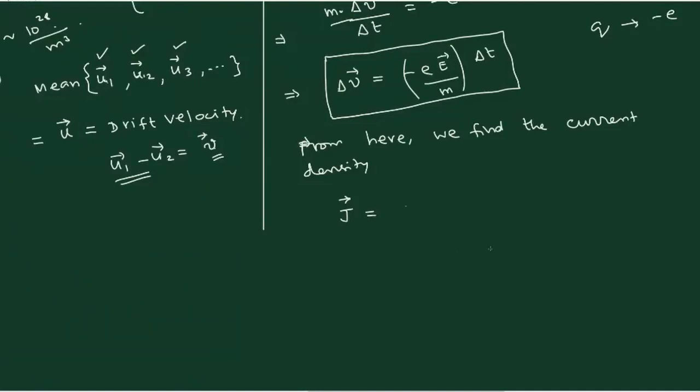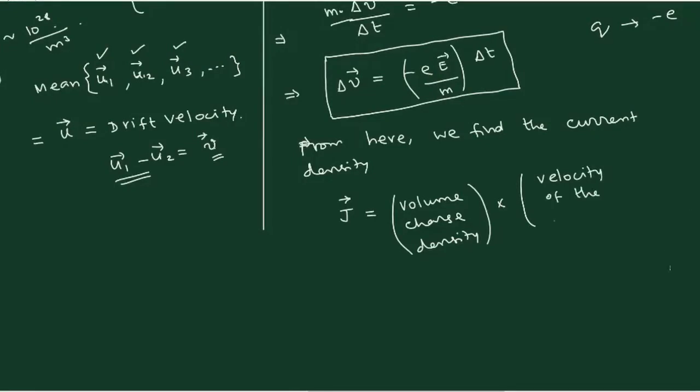Current density is equal to the volume charge density multiplied by the velocity of the charges. There is nothing new in this expression. If you can recall what we explained in the case of convection, all these things will be clear. So please remember this and then go to that particular place.